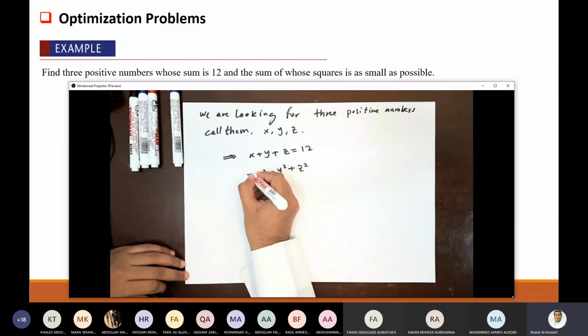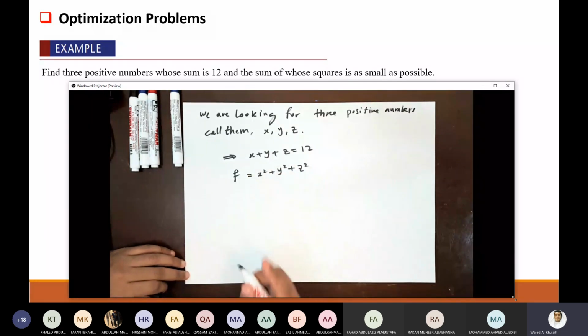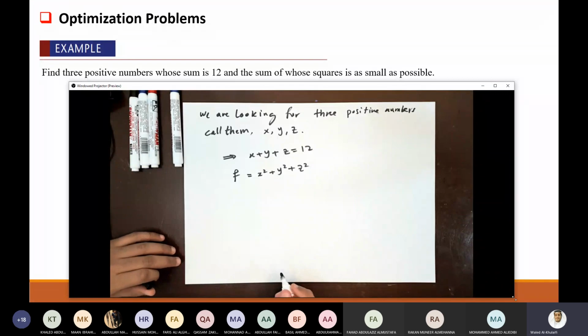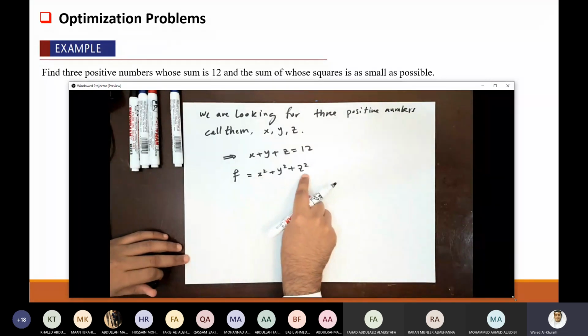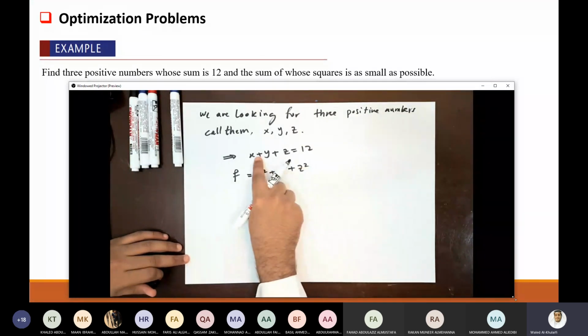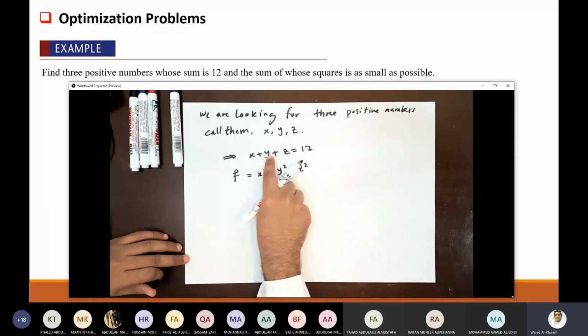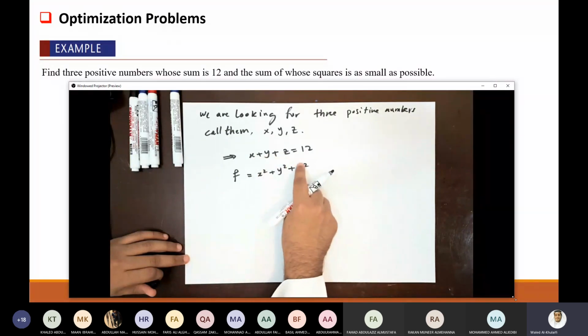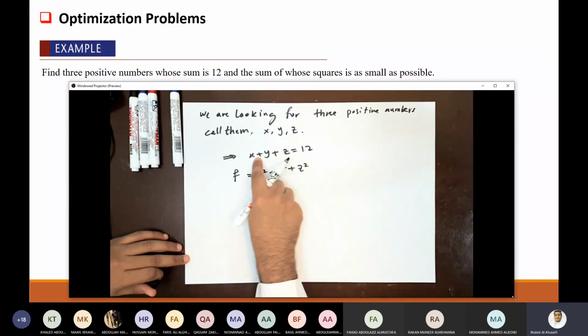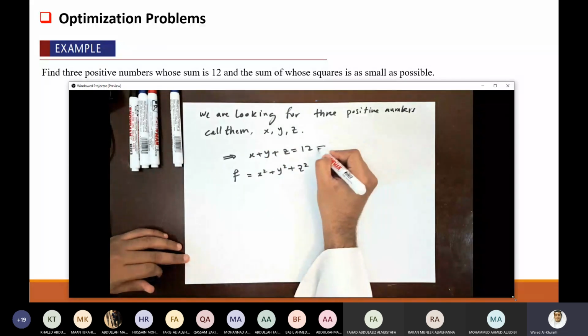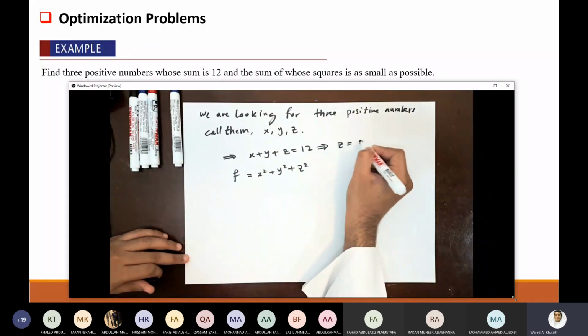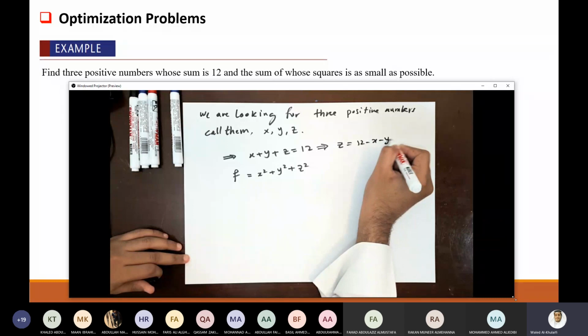So this quantity, let's call it a function f equal to these terms here. Now this is a function of three variables, x, y, z. But I have another piece of information here, x plus y plus z equal to 12. So I can get rid of the z from this equation, right? So here z is equal to 12 minus x minus y.